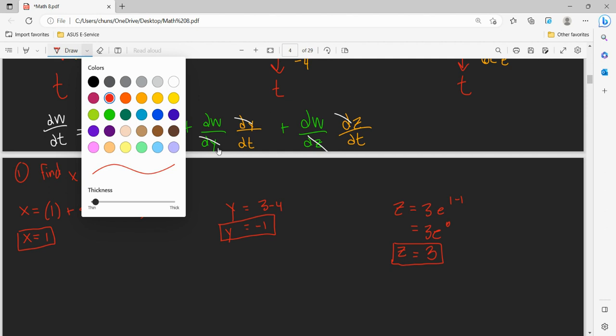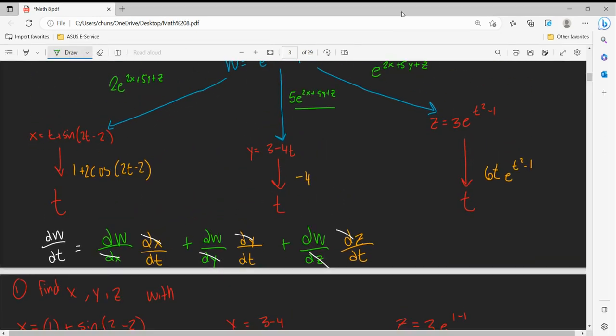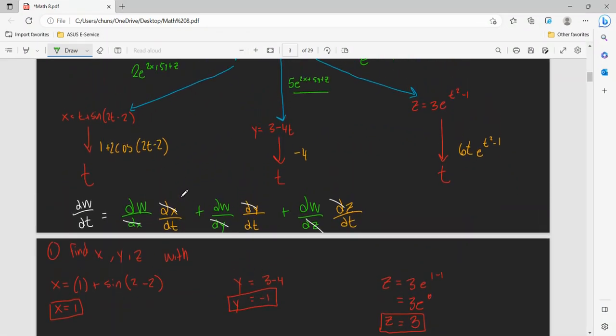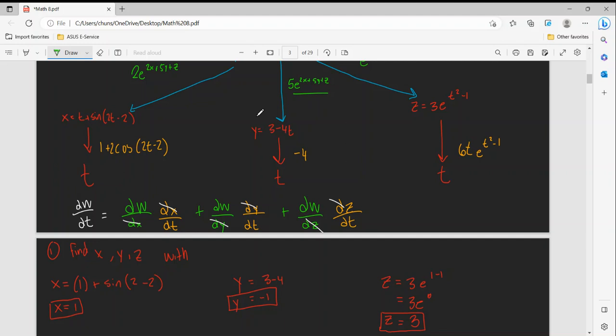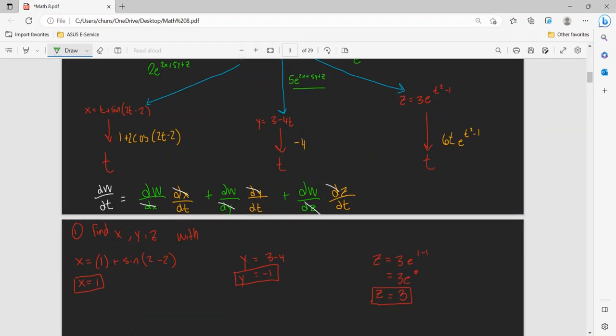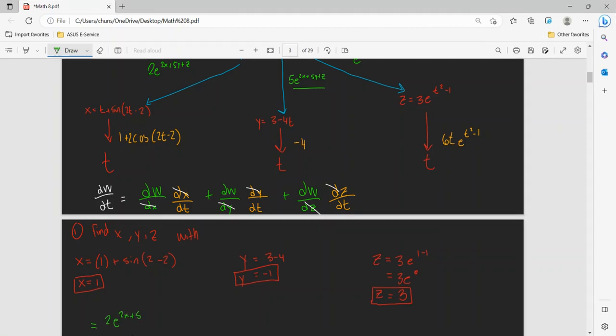Okay, and now let's make our equation that we found up here. So we're going to start with, okay, what was it? I need to zoom out a little bit. So we're going to start with 2e to the 2x plus 5y plus z.